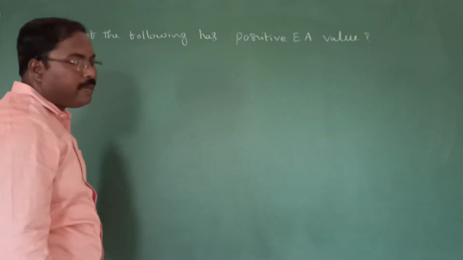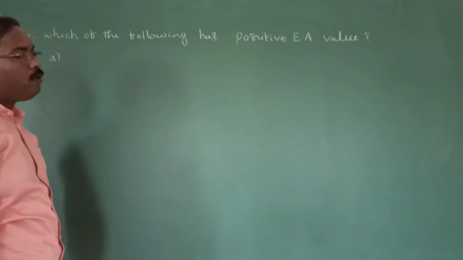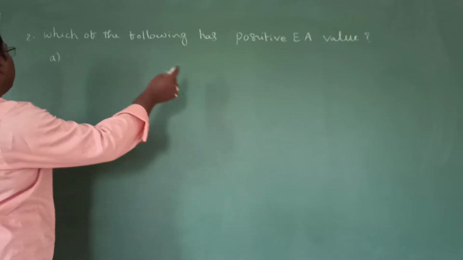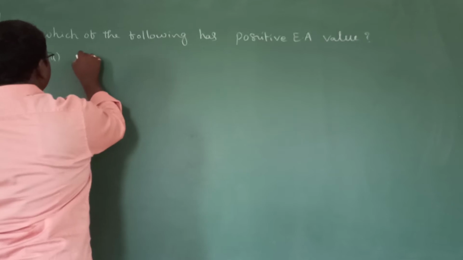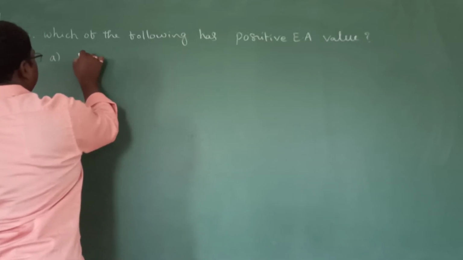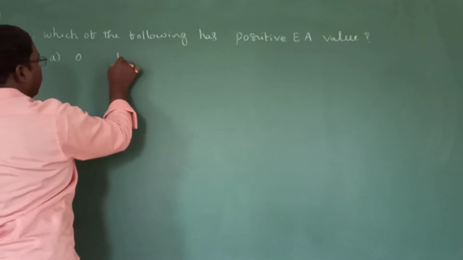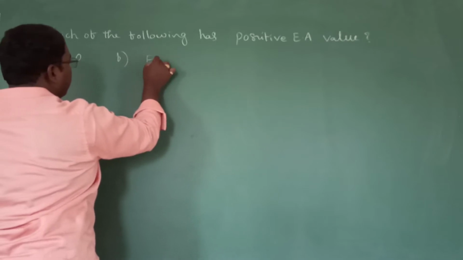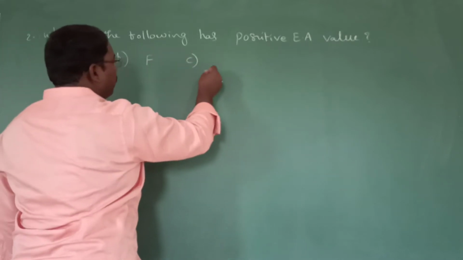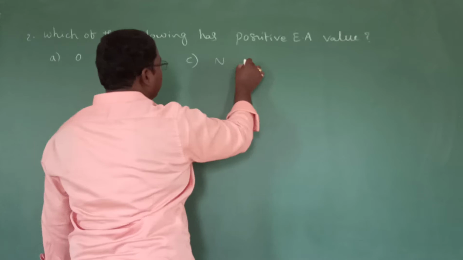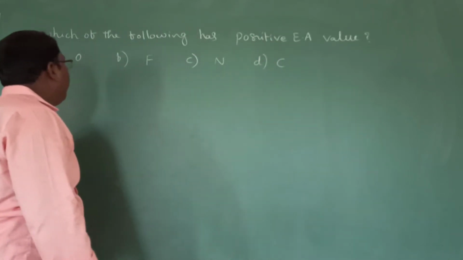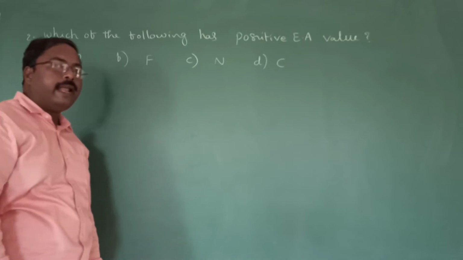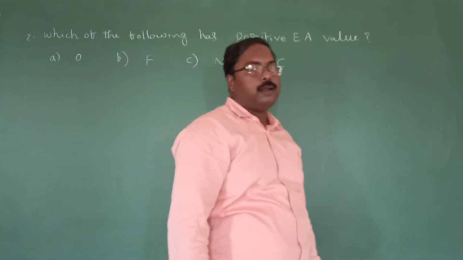Which of the following has a positive electron affinity value? Now, let us look at the options: oxygen, fluorine, nitrogen and carbon.